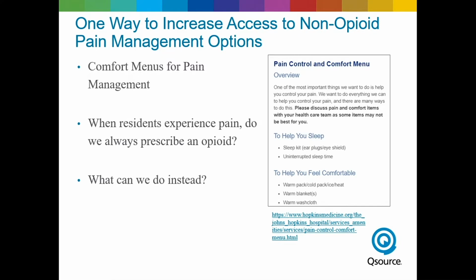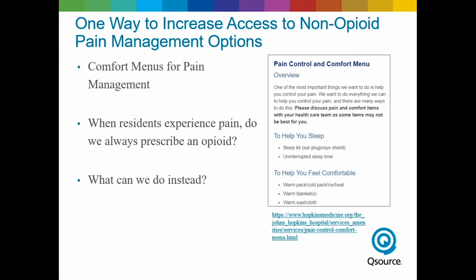Johns Hopkins started, this is one of the first ones that we found and got the idea from. And we had our facilities in the first phase of this project add comfort menus, and it was a really great success. So this is just a way that you're going to increase access to non-opioid pain management options for your residents.